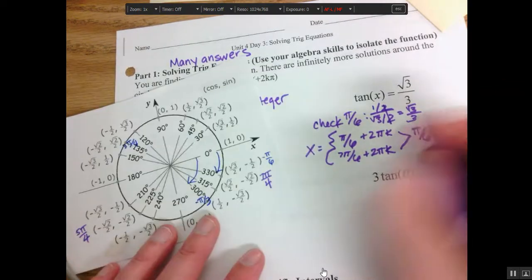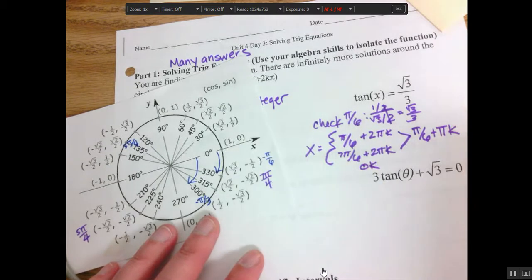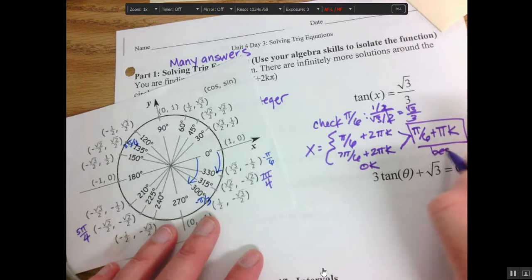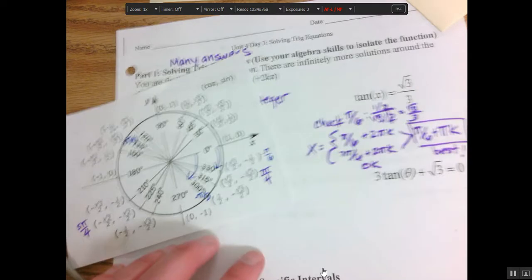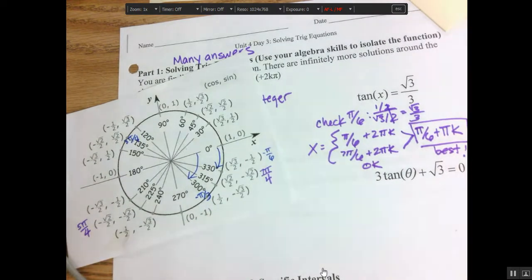So this answer is okay, technically right, and this is the best answer. That's the best answer because it's the most eloquent answer, okay? It's saying everything in the shortest way possible.